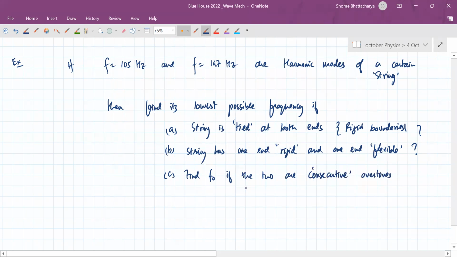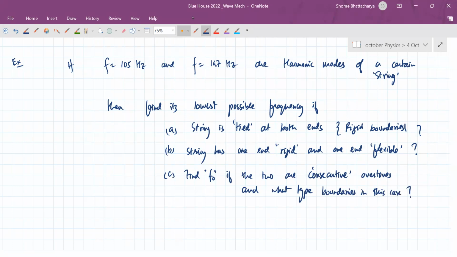And what type of boundaries in this case? Okay, so this is more like a maths problem actually, but in the form of a resonance based question or a modal frequency based question. Just try this out, we'll discuss.